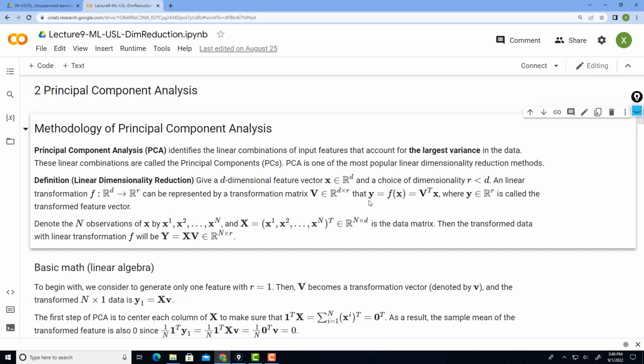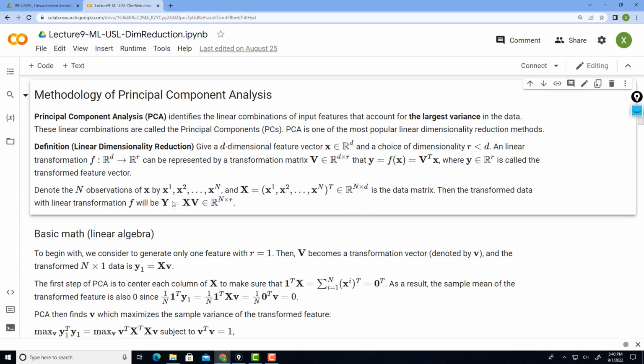Typically, this Y is also known as the principal component scores. In the corresponding principal component direction, you are trying to find the projection. This projection is the principal component score. Now you have a training set of the input feature vectors, and you're trying to maintain the variability or spread of this training set as much as you can so that you can derive this corresponding V matrix, or the transformation matrix.